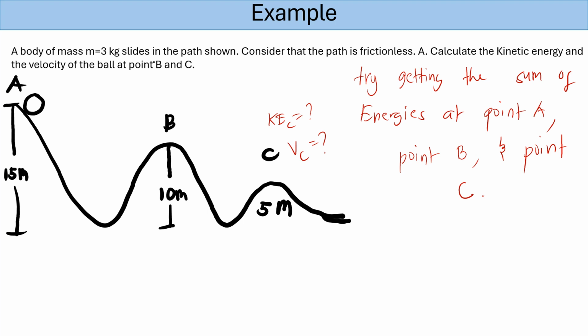You're going to sum the kinetic energy and the potential energy at point A and get that value, and also for B and C, and then try to compare. No, I will just tell you the answer. They will actually be the same. They should have the same value or close values because of our approximations.